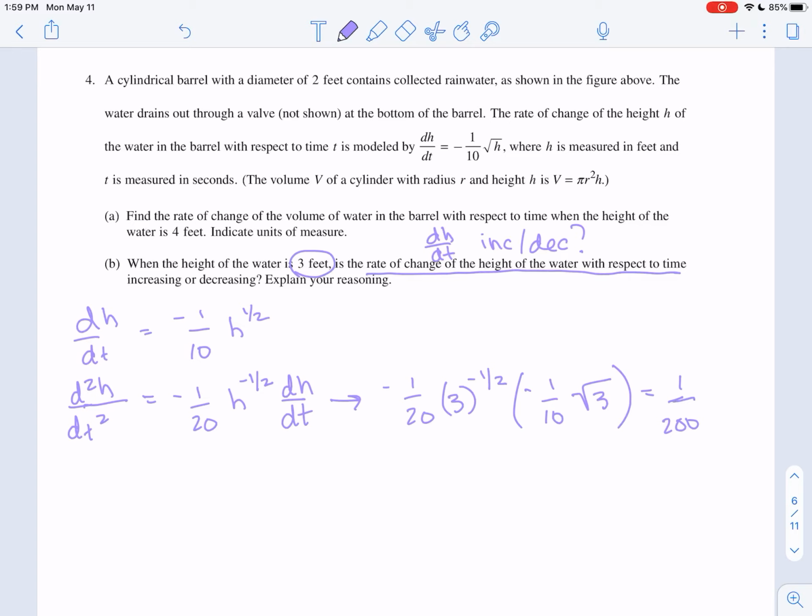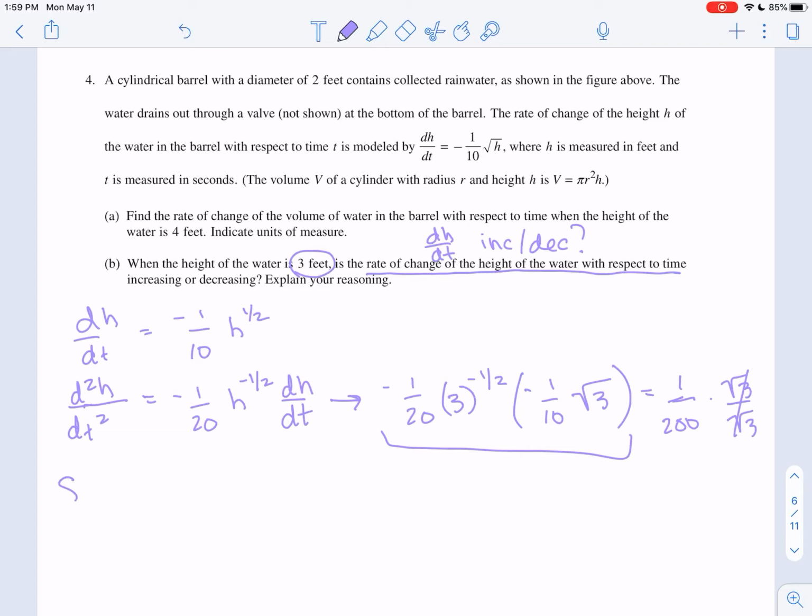And then I have the square root of 3 over square root of 3 because of this piece, right? That's 1 over square root of 3, and those actually cancel. Not that you need to simplify any of that. It's fine to leave it here as long as you know that that's a positive number, right?